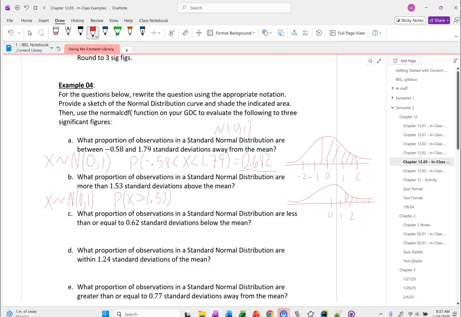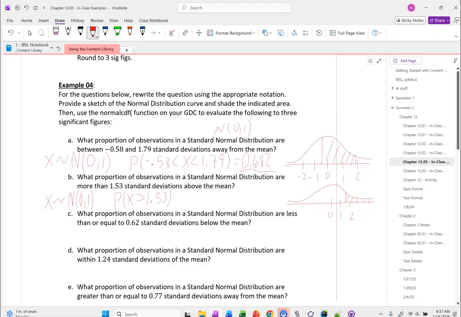How do I compute probabilities for a normal distribution? What command do I use in my calculator? Let's see. Normal CDF. Let's look at the inputs on normal CDF and decide whether we need to change this into a less than or equal to inequality, or if it's going to be fine the way it is. It is fine the way it is. Okay.